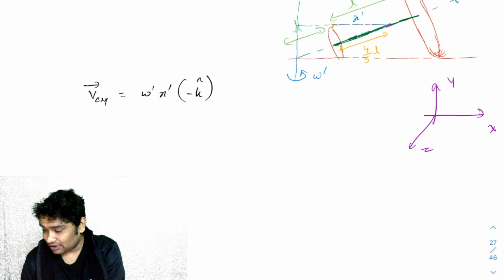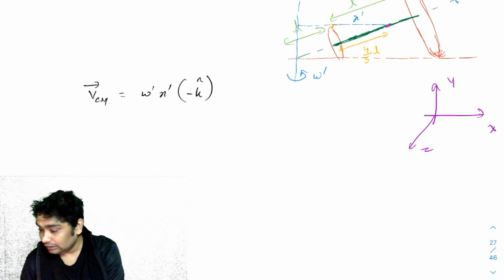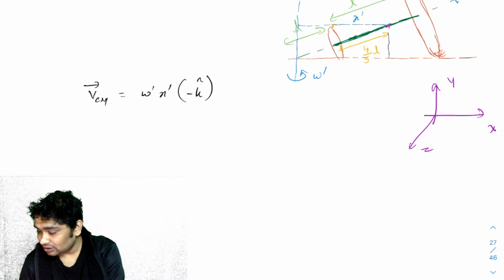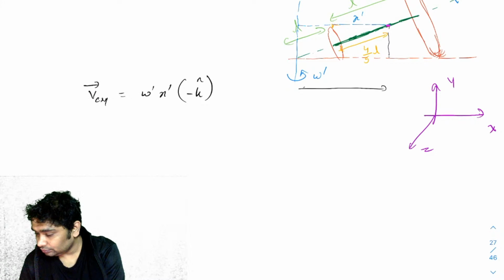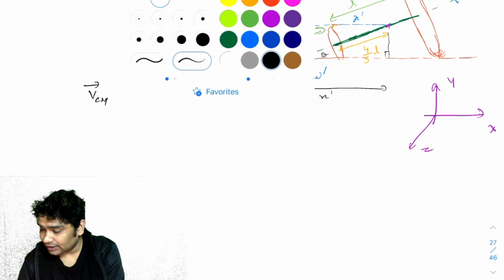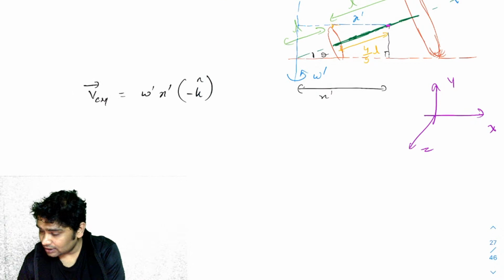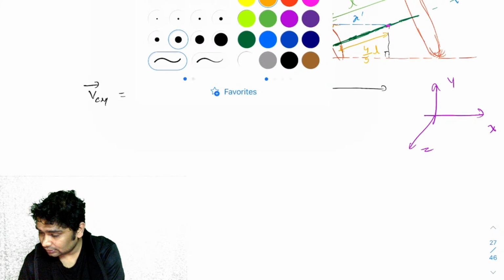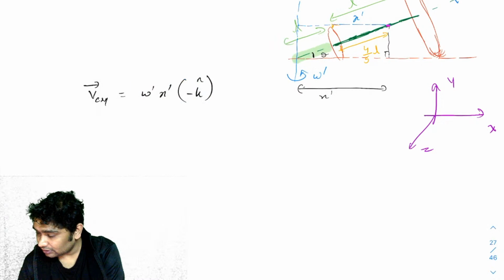What about x dash? Can I calculate x dash? Yes, I can. X dash is nothing but this. So this is x dash. And I know this theta, this is 90. So let's take a look at this highlighted triangle.